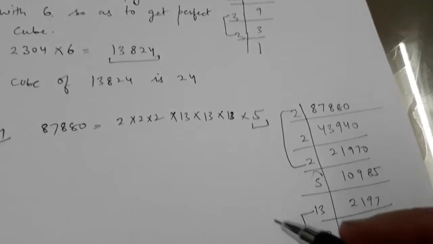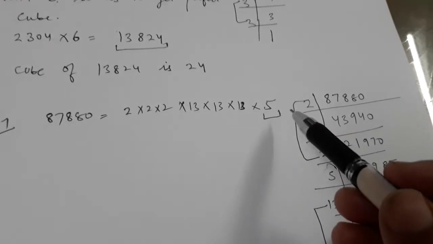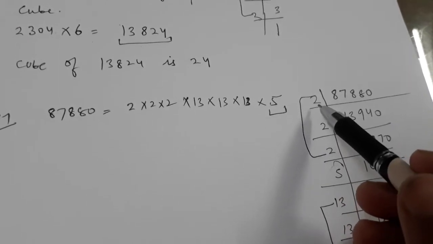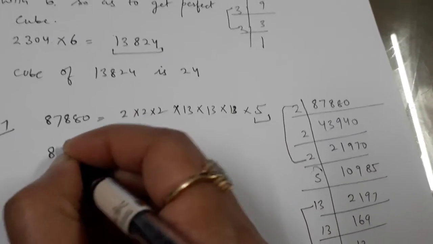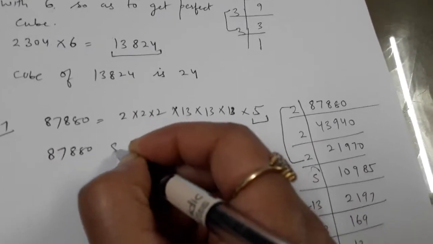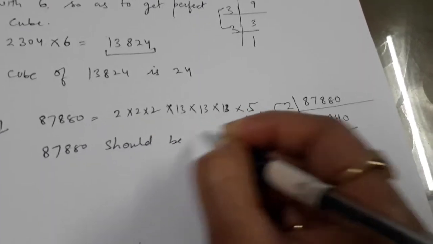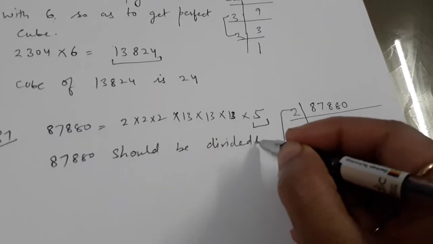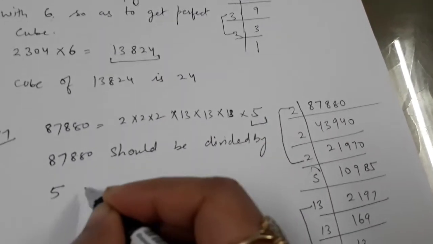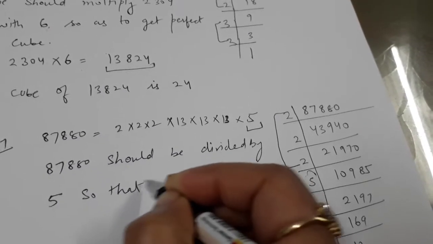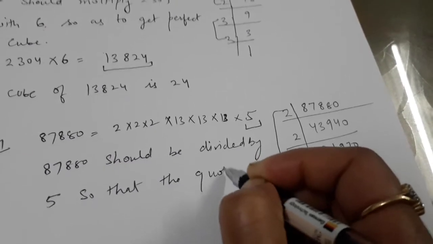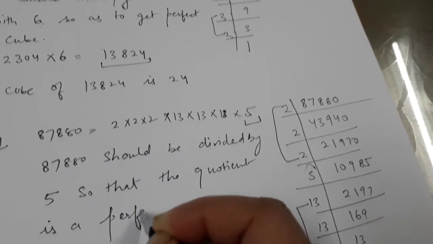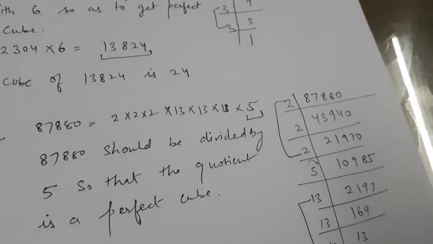If we were asked to multiply, we would have to multiply the number with 25, but here we have been asked to divide the number, so we will write that 87,888 should be divided by 5 so that the quotient is a perfect cube.